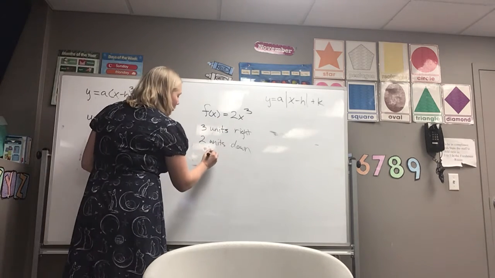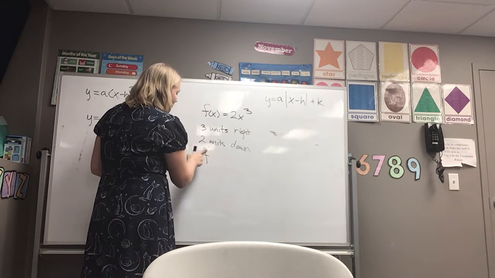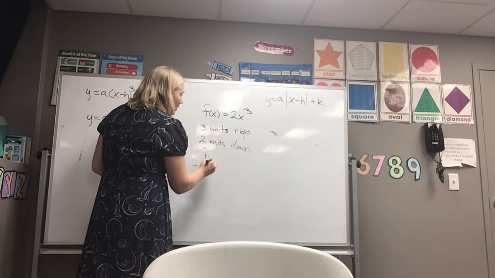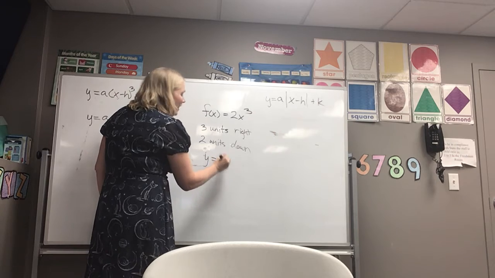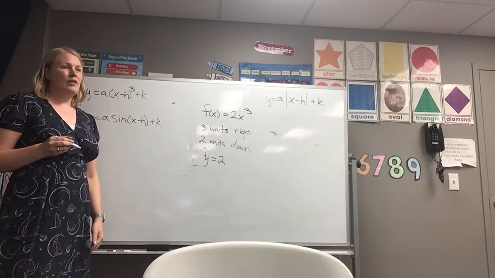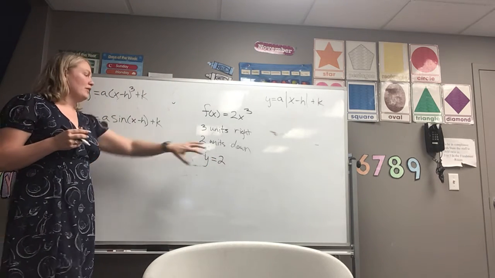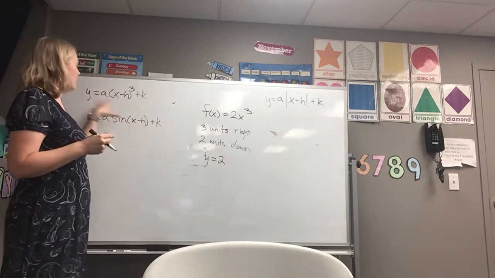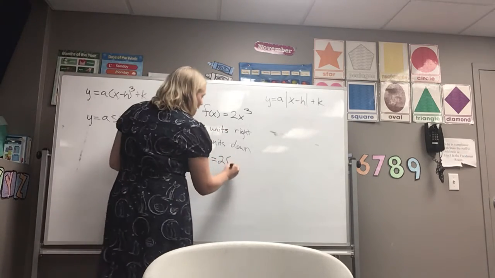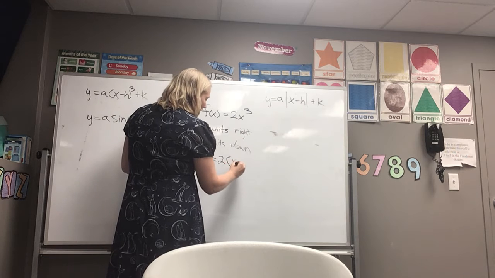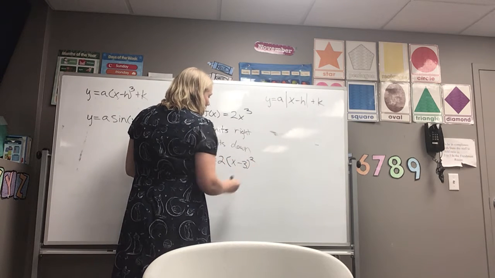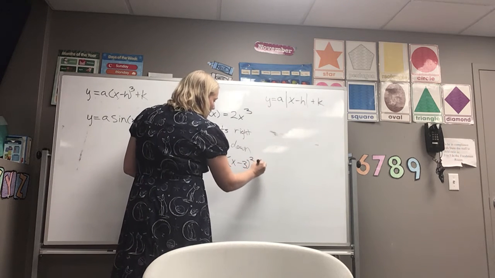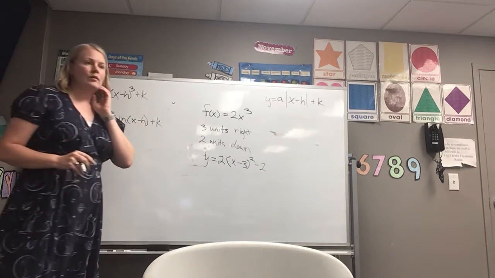And so make sure within your new graph, I'm just going to say y, your new graph still has the 2. A lot of people will drop that just because they're so focused on this and they lose things. So we're going right. Remember, our sign is opposite, so we have -3, and then 2 units down, -2.